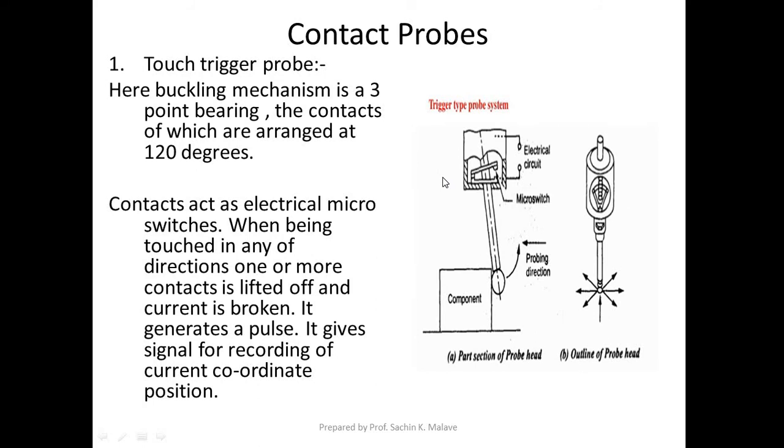Buckling takes place, and that buckling mechanism is a 3-point bearing, the contacts of which are arranged at 120 degrees around the circumference. You can see the outline of this probe head.